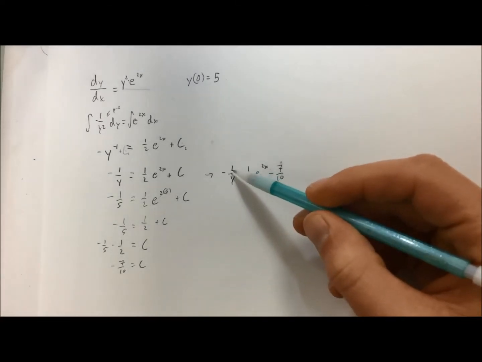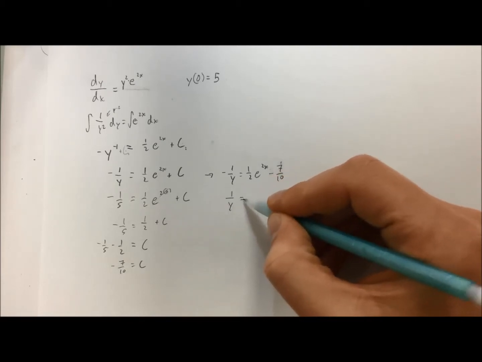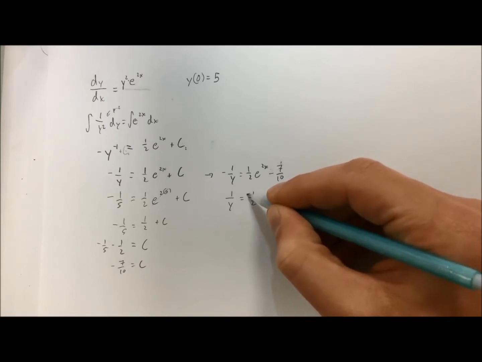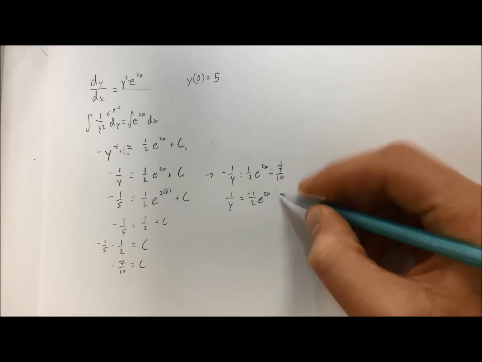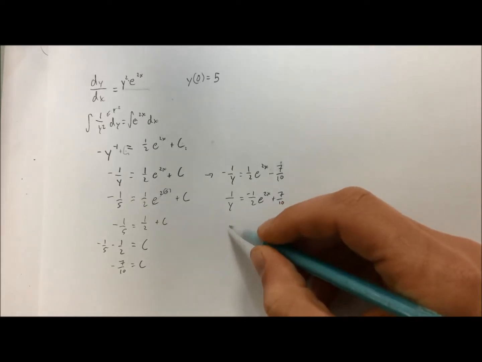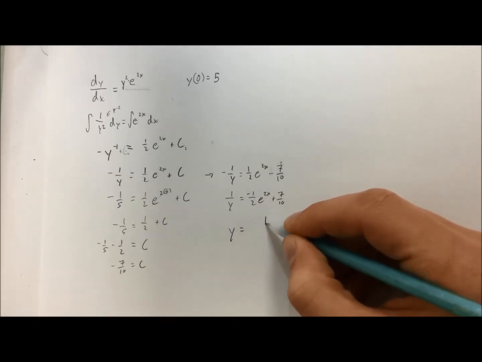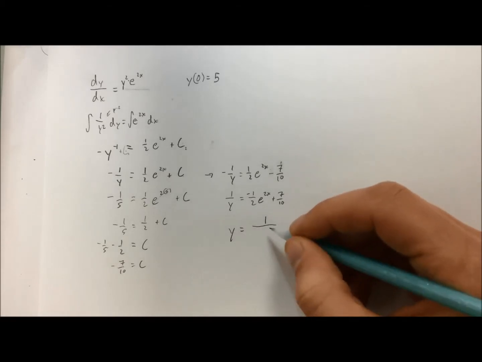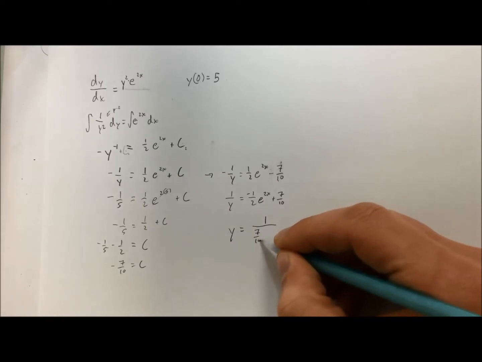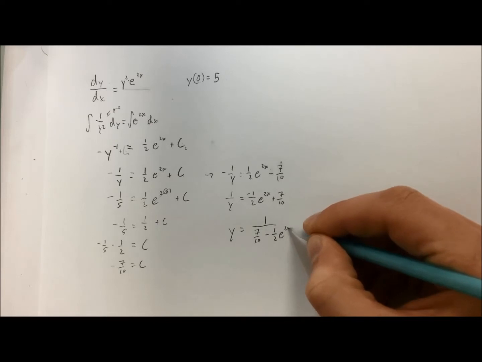Now, generally, we want to solve for y, so I'm going to take the opposite of this. And I'm going to then take the reciprocal. So y is equal to 1 over, I'm just going to switch these two around, 7/10 minus 1/2 e to the 2x.